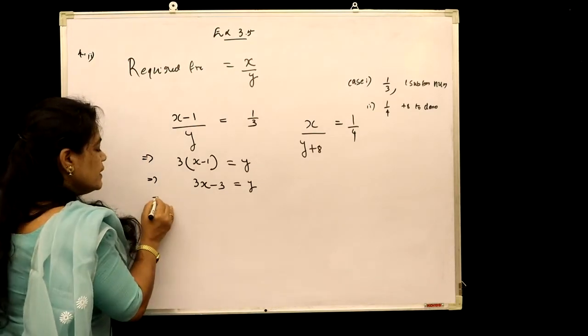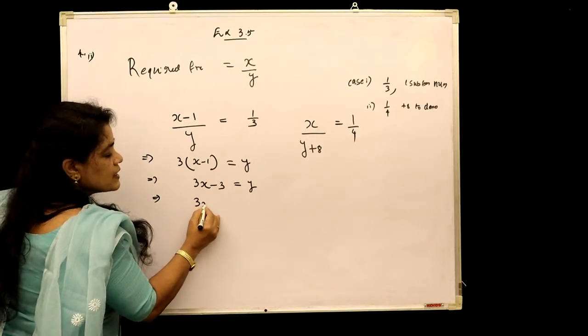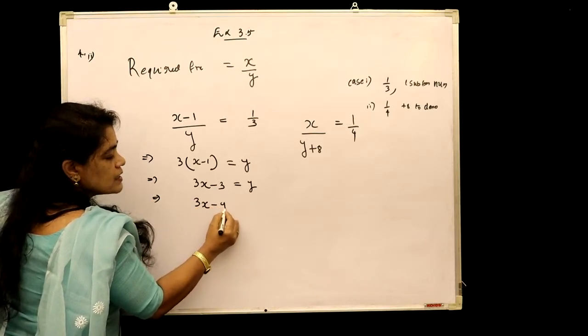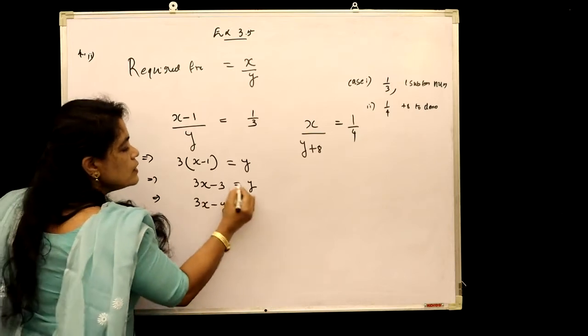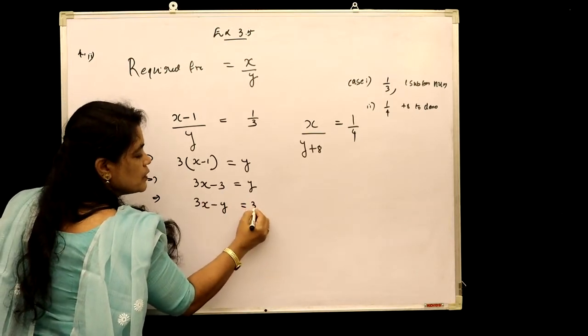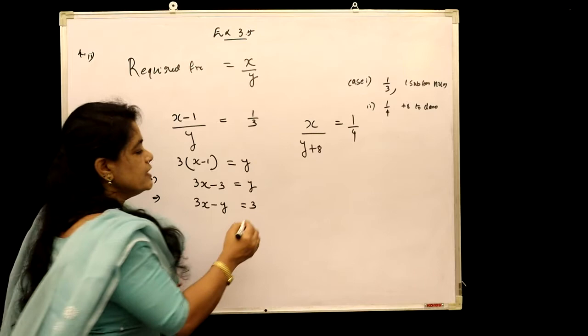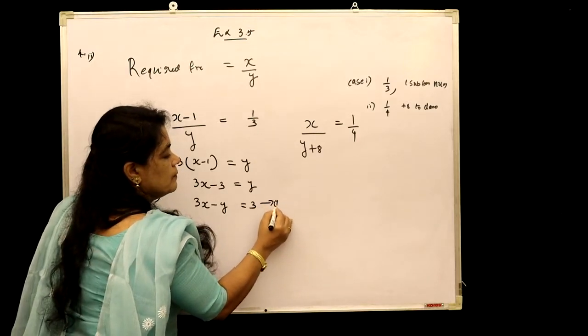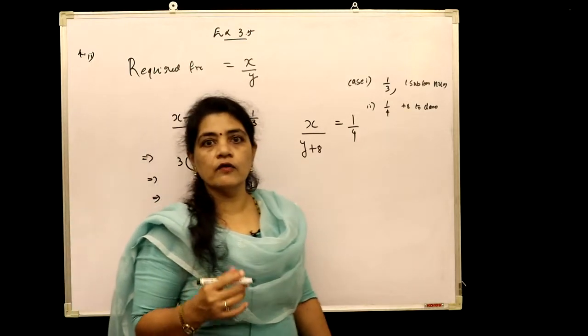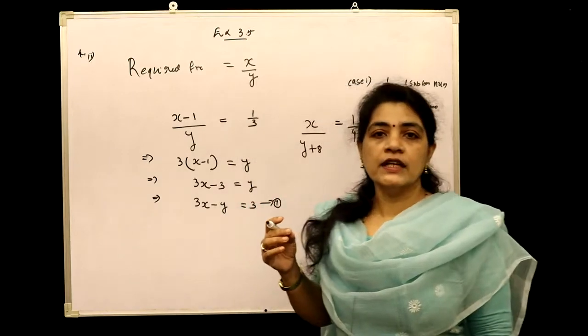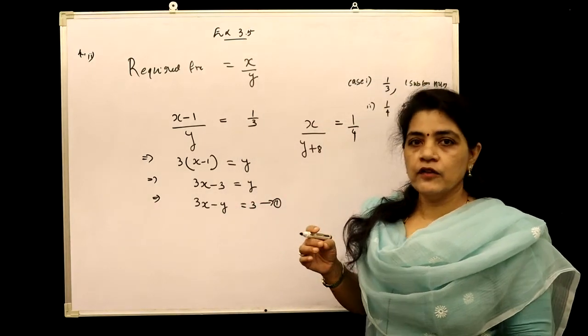So it will be in the standard form. 3x no change, since y from RHS to LHS minus y, and minus 3 becomes positive 3. So let it be equation number 1. It is clear, children, how we formed that in the form of the general equation of a pair of linear equations.